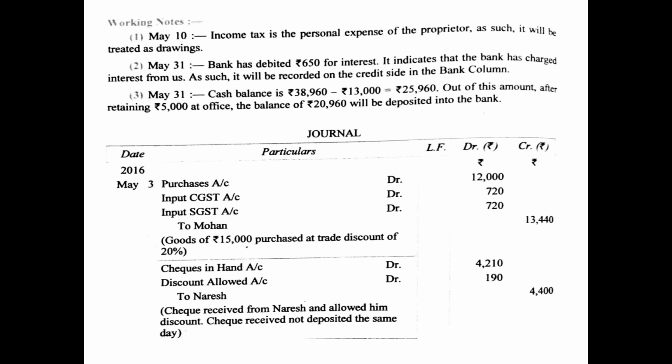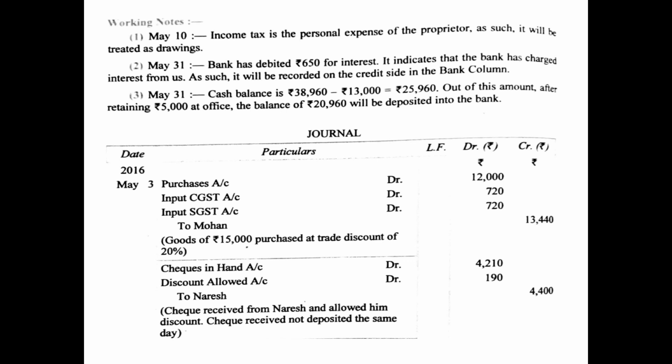So May 3rd, purchase account debited 12,000, because it is a credit purchase, therefore it was not recorded in the cash book, and we are recording it separately in the journal. Purchase account is debited 12,000 after deducting trade discount and before calculating CGST and SGST. Whenever goods are purchased, the CGST and SGST are termed as input CGST and input SGST, and both are debited because these are considered an asset: just now the business is paying these taxes, but later on it will be refunded by the government.